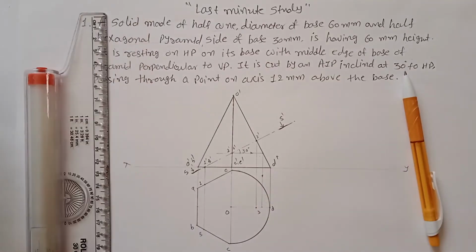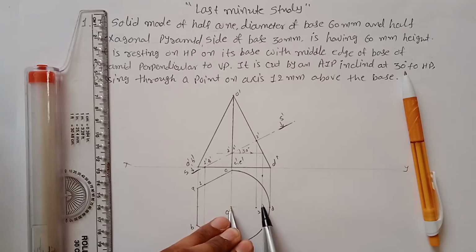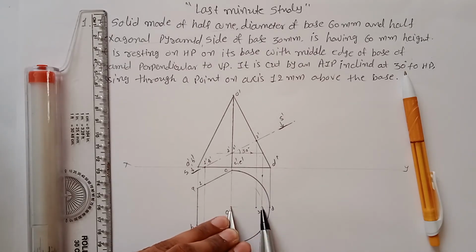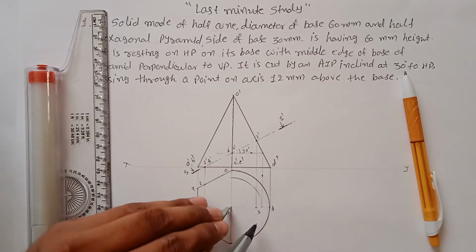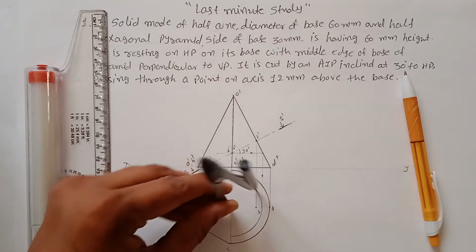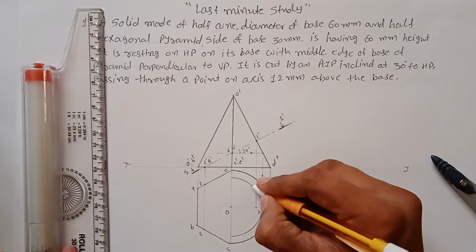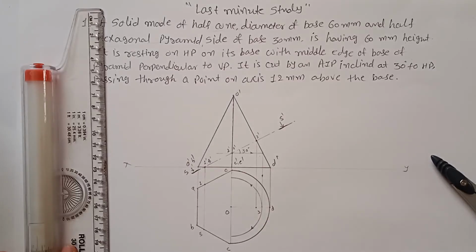Now using a compass, with O as the center, measure this distance and draw an arc up to these two edges, a very light line. We actually need only the point, so there is no need to draw a whole line, but for your understanding I will transfer this point in this direction and this direction, like this.